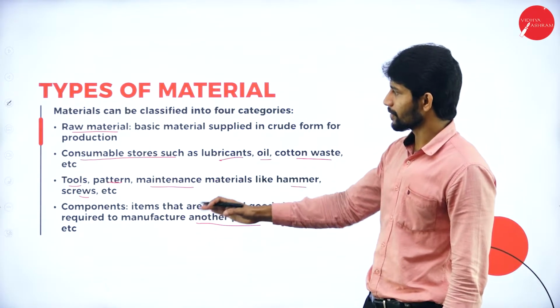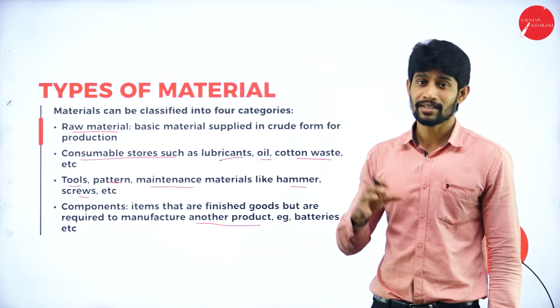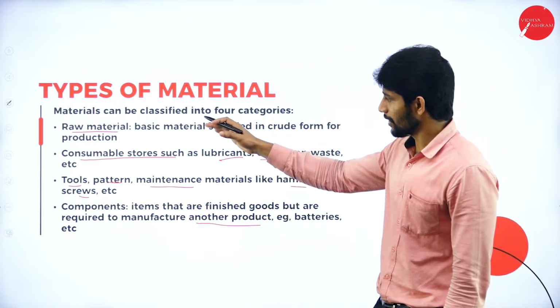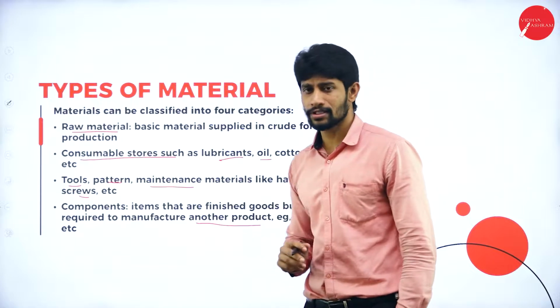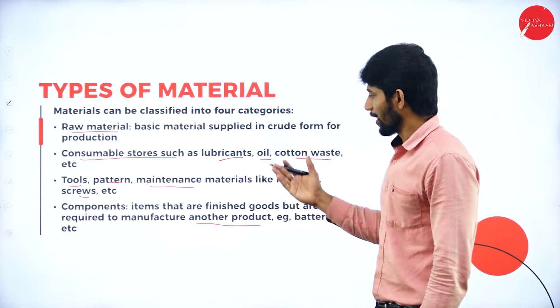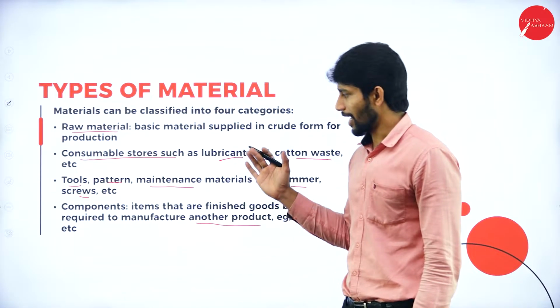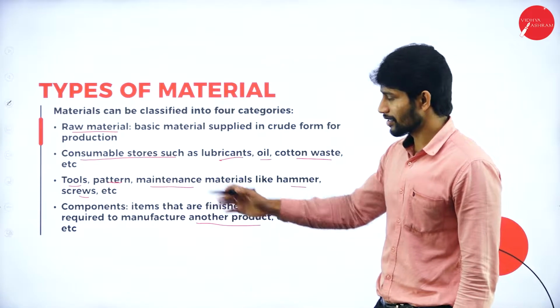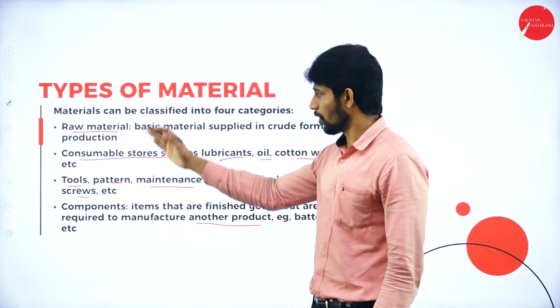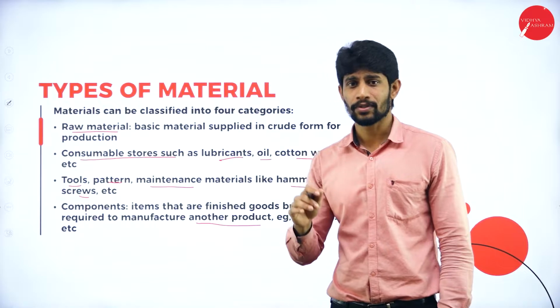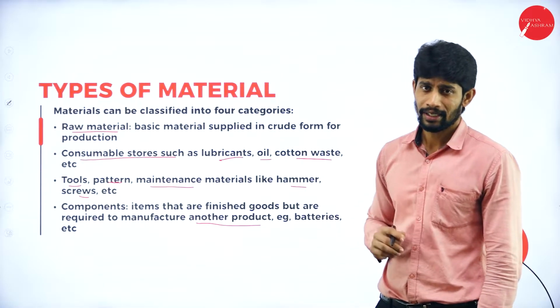So these all items are called the materials in a particular company. So mainly raw material, next consumable stores, tools, or any other maintenance materials like hammers, screws, etc. and the components manufactured. This is all called materials in a particular business or in a particular company.